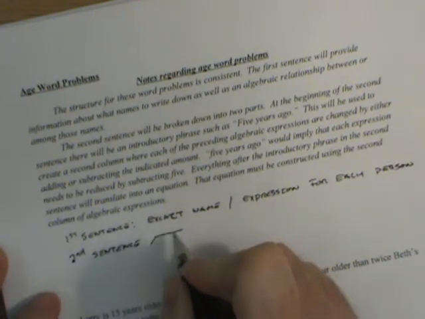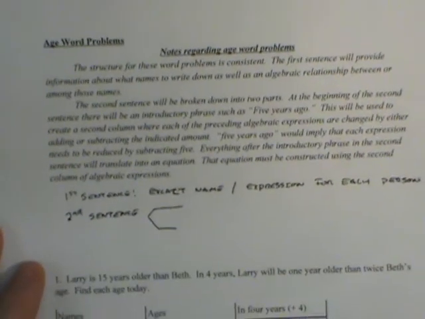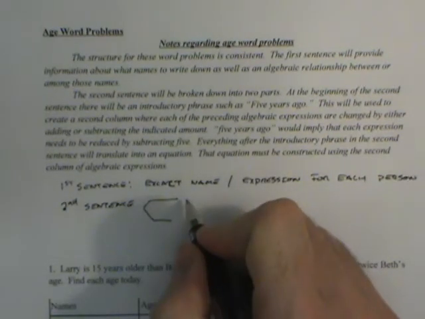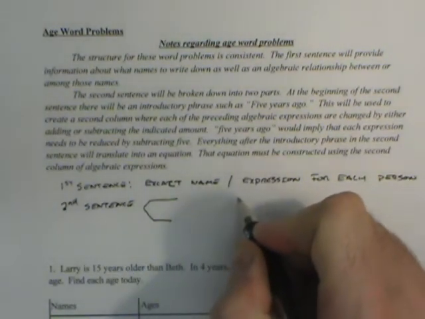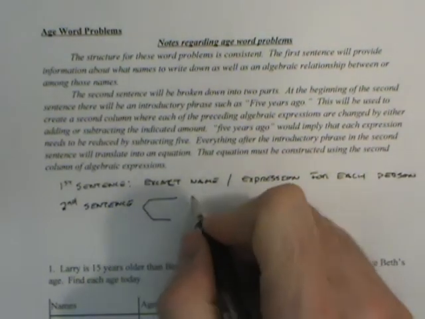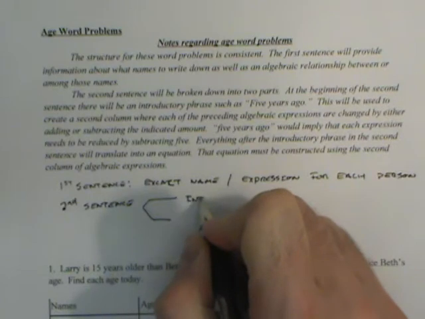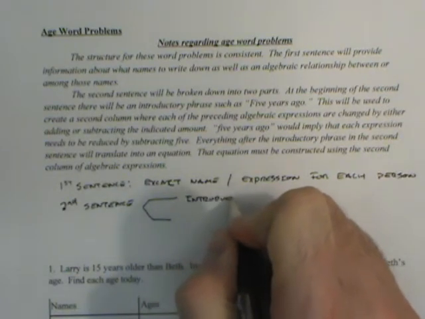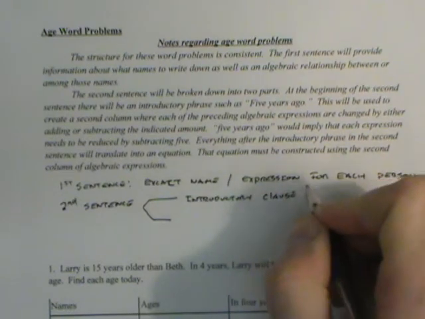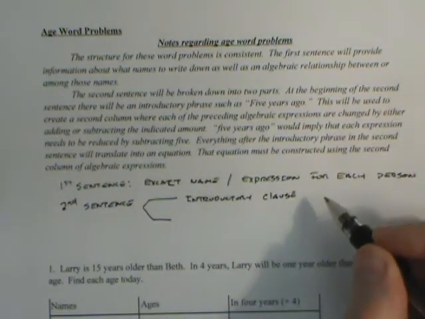it's going to be split into two parts. It'll have an introductory phrase such as 5 years ago, 3 years from now, 1 year from now, whatever the case may be. That is going to allow you to create a second column and change the expressions you wrote from the first sentence. So you're going to get an introductory clause that will in effect allow you to change your expressions.